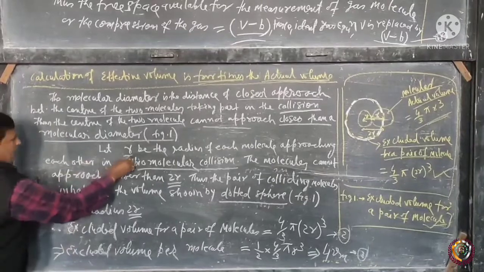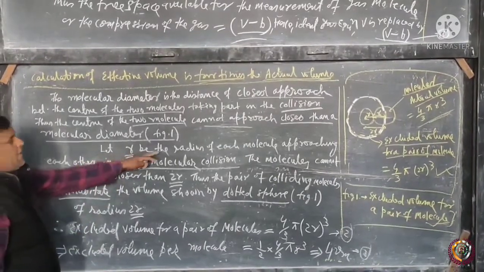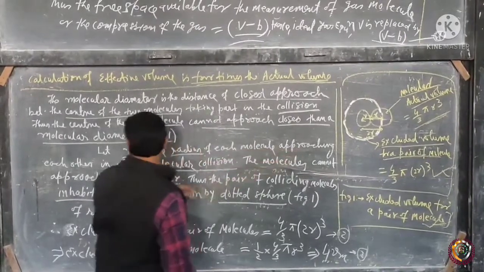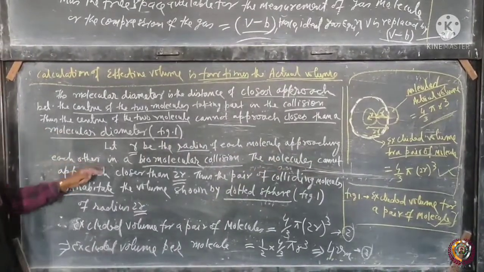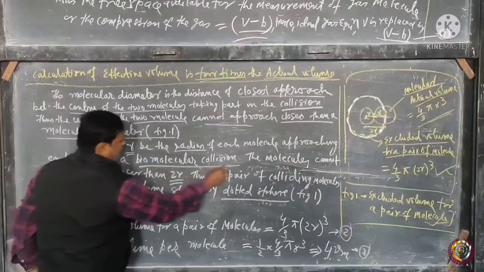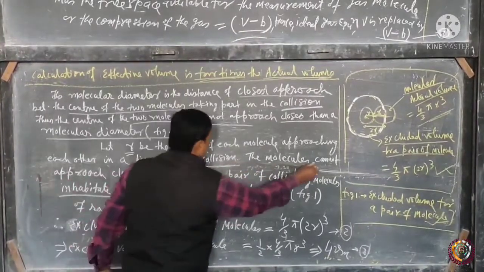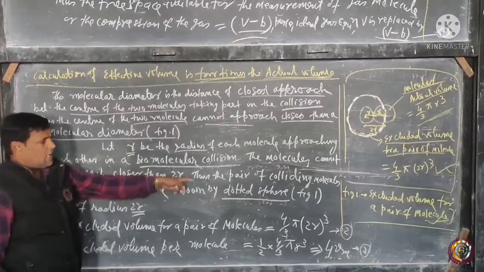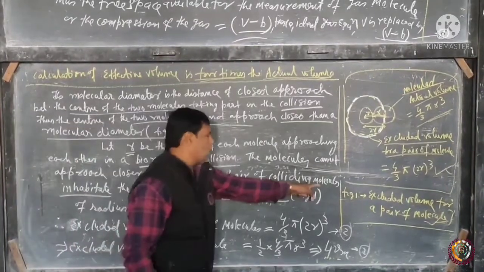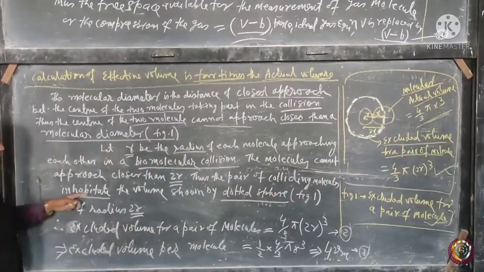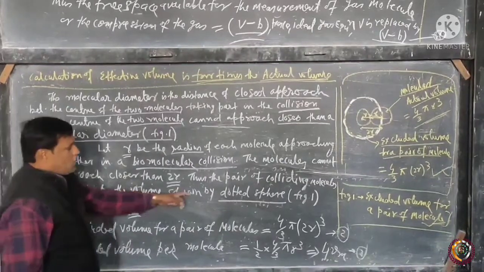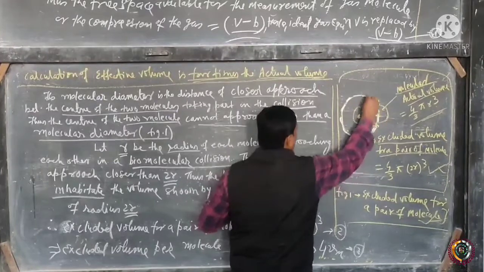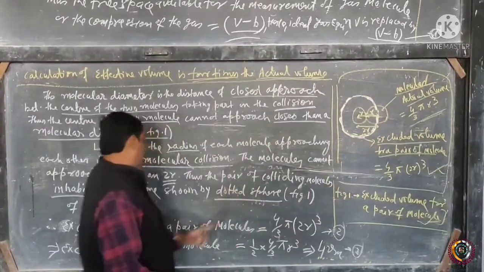Let small r be the radius of each molecule approaching each other in a bimolecular collision. Thus, the molecules cannot approach closer than 2r. Thus, the pair of colliding molecules exclude the volume shown by the dotted sphere in figure 1.